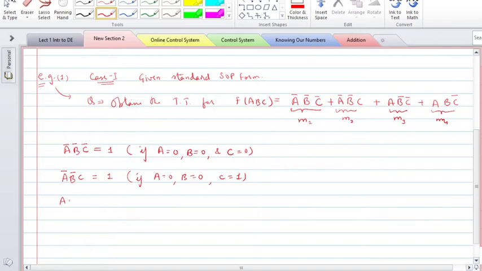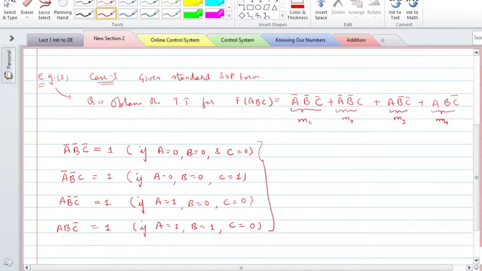Likewise, min term 3 will be 1 if A equals 1, B equals 0, and C equals 0. And for the last min term, A B C bar, this will be 1 if A equals 1, B equals 1, and C equals 0.